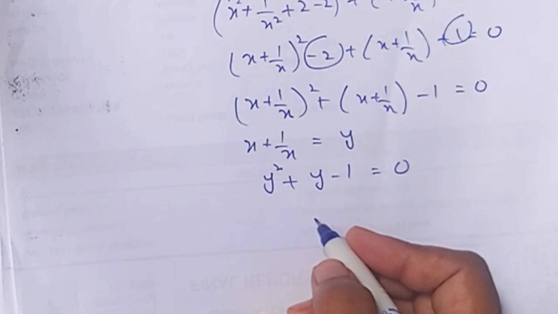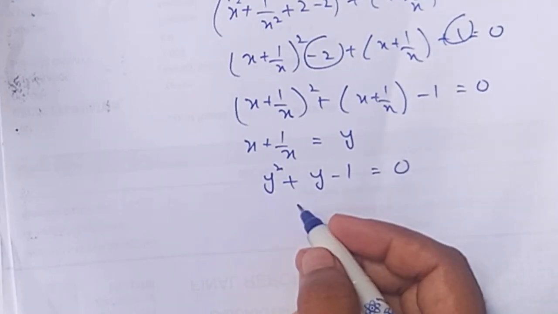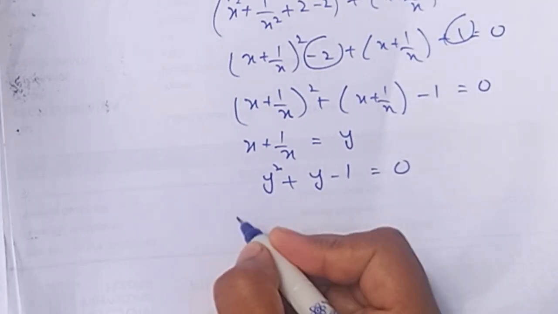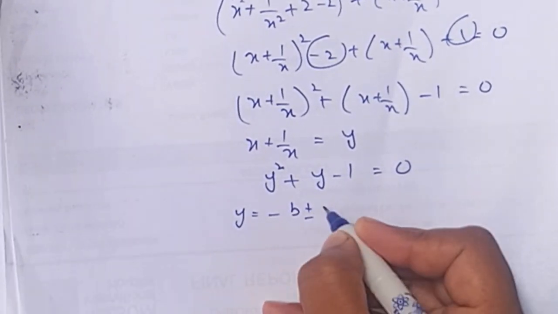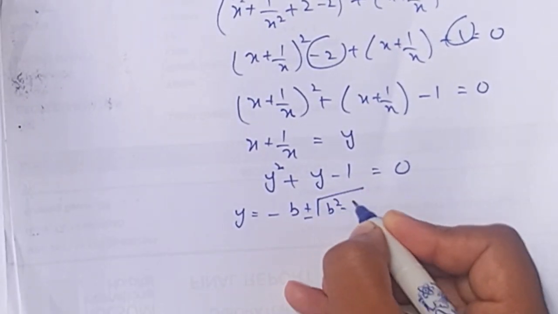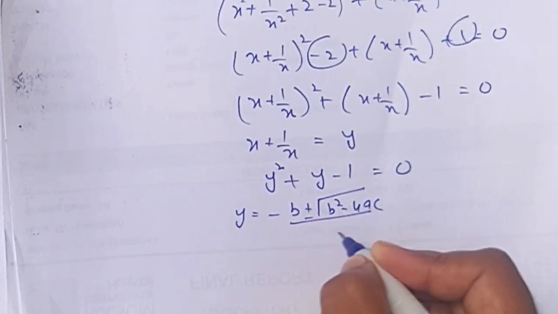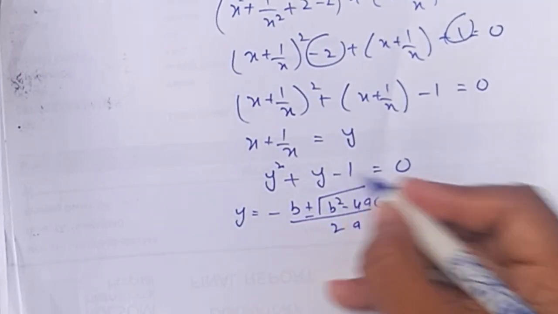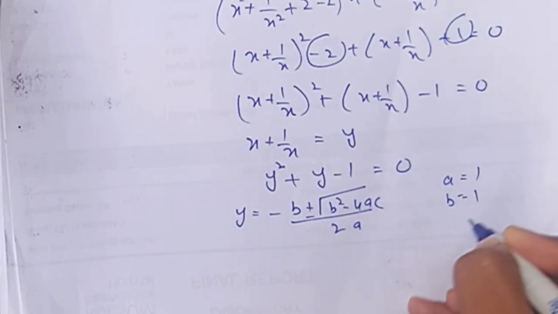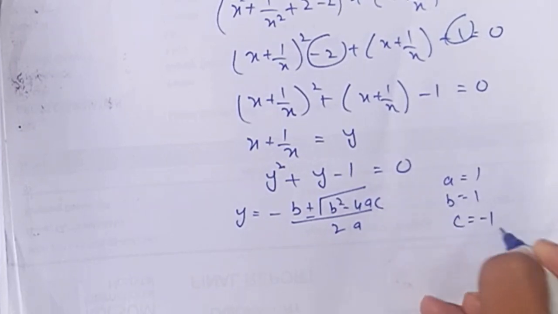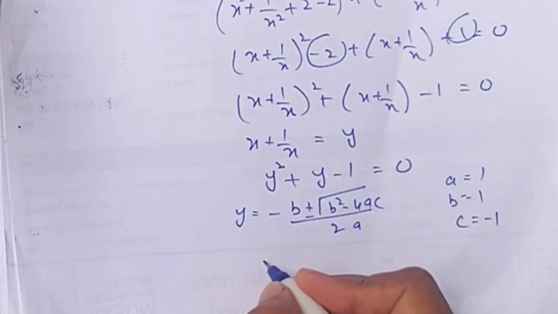So we use the quadratic formula to solve this equation, and the formula is y is equal to minus b plus or minus square root of b square minus 4ac, over 2a. In our equation a is equal to 1, b is equal to 1 and c is equal to minus 1. So we substitute these values.